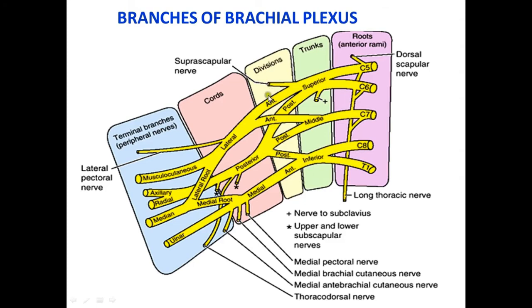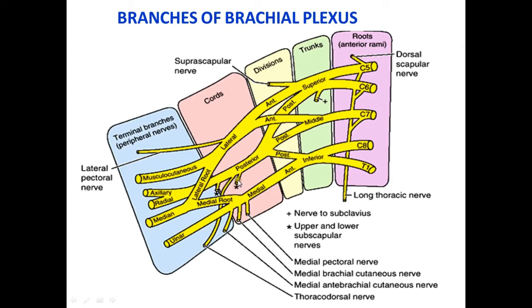Now from the cords, two or three nerves are emerging. From the lateral cord, a big nerve emerges, the lateral pectoral nerve. From the posterior cord you can see the upper and the lower subscapular nerves emerging.